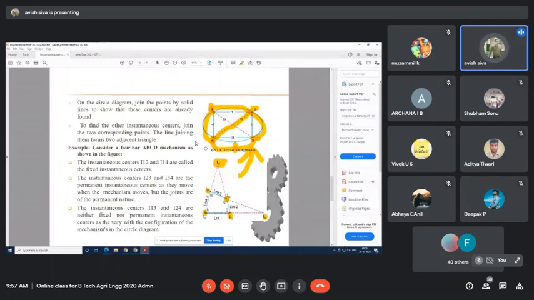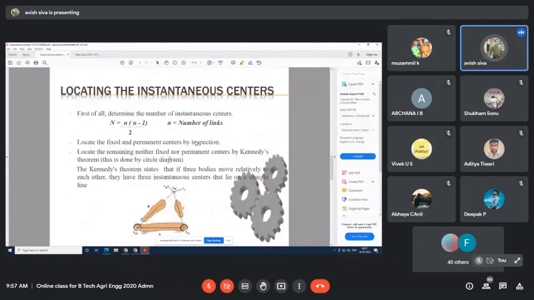Next class we will do the problems associated with the instantaneous center. So before that, be thorough with the theory. For that, you can listen to the recorded class as well as read the PPT. After that, in the next class, we will solve all the problems related with the instantaneous center, which is very simple once you understand the concept.